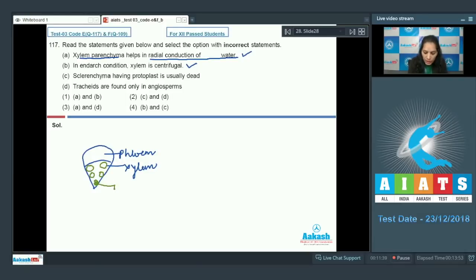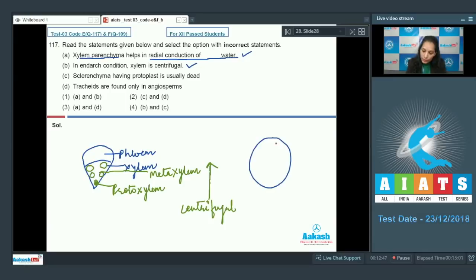The smaller cavity shows protoxylem and the large shows the metaxylem. So protoxylem is the xylem which is formed initially, the first formed xylem, and metaxylem is formed after protoxylem. So growth of xylem is towards the periphery. First protoxylem, then metaxylem. So growth of xylem is towards the periphery, which is called centrifugal growth of xylem. So this growth is centrifugal.